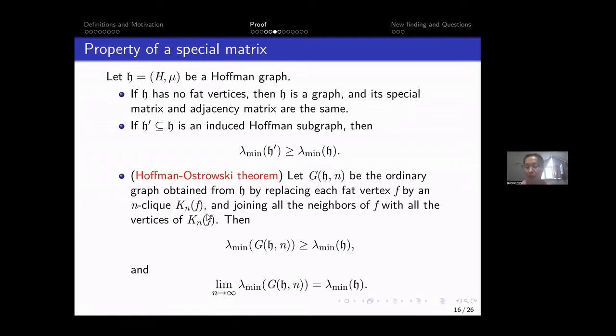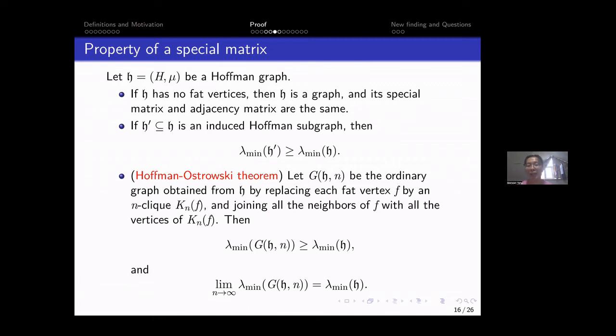Then we have a graph, and this graph's smallest eigenvalue is not less than the smallest eigenvalue of H. And once the replacing clique is very large, the limit of this family of graphs' smallest eigenvalue is the smallest eigenvalue of H. This is how we use Hoffman graphs to study graphs, but I will not use this property of the special matrix in this talk directly.